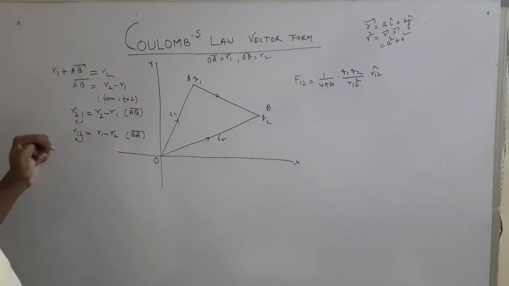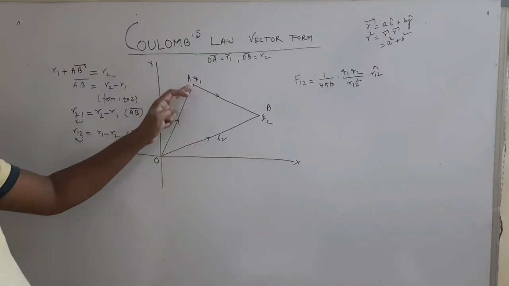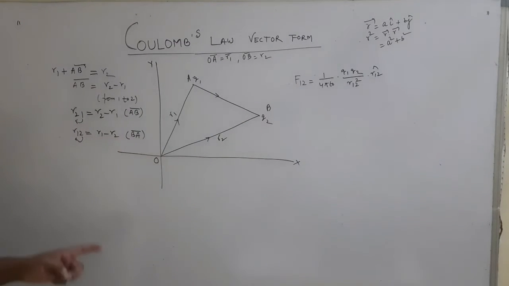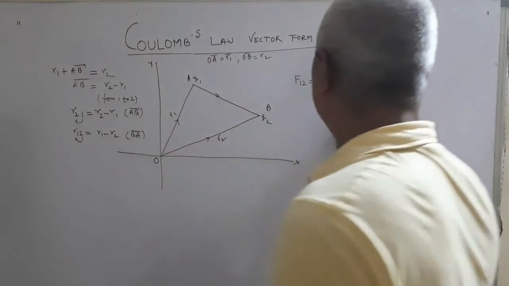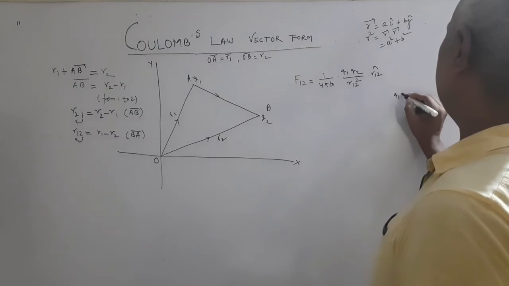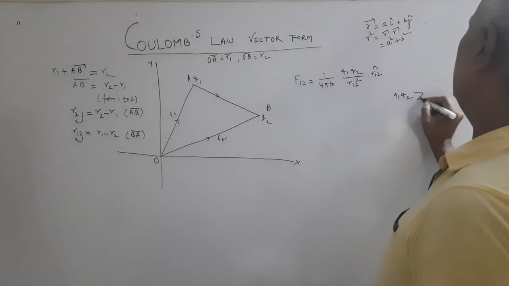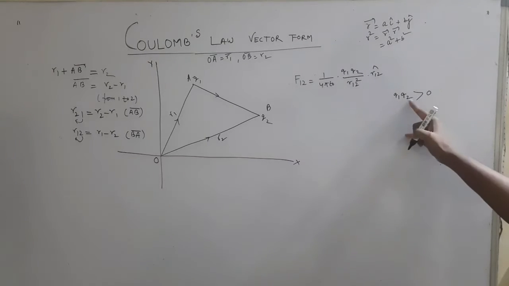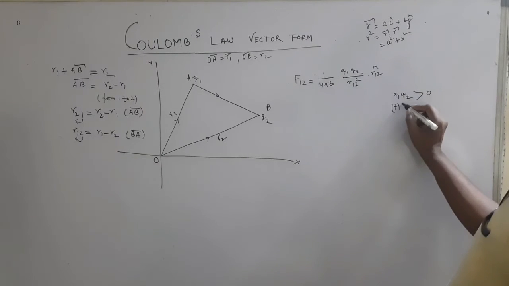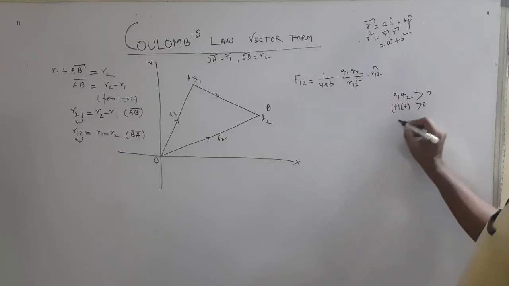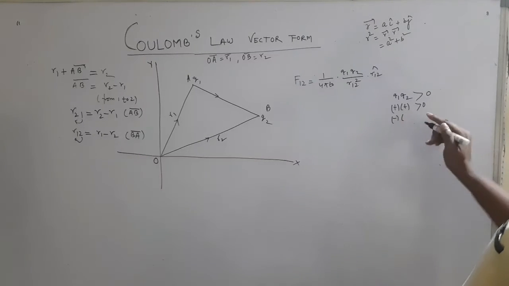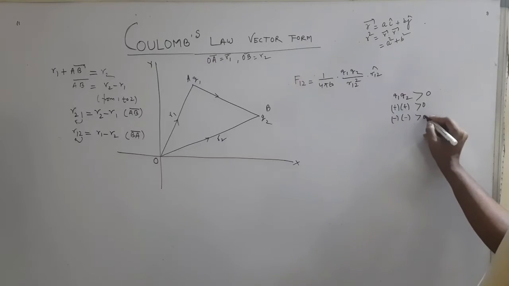But the interesting part is when the charges are alike. Suppose Q1 and Q2 are both positive, or Q1 and Q2 are both negative. In these cases, Q1 Q2 is greater than 0, because positive into positive is greater than 0, and negative into negative is also greater than 0.